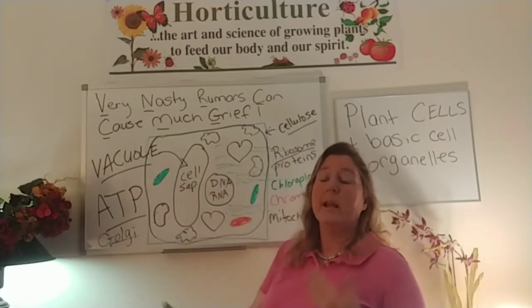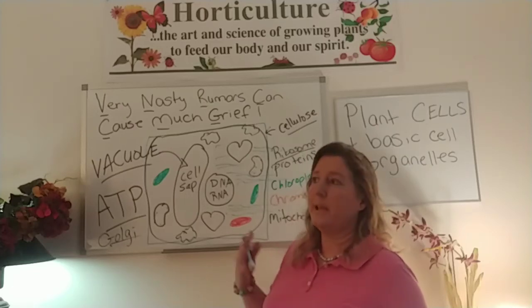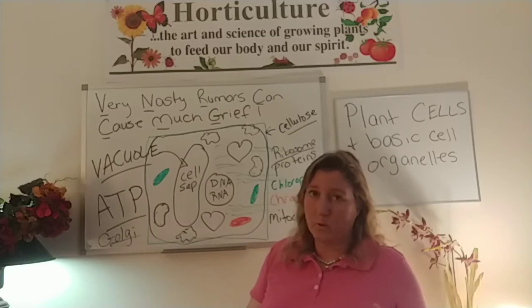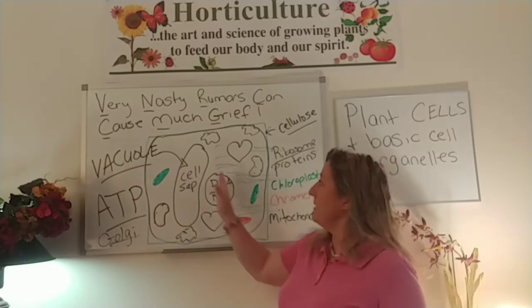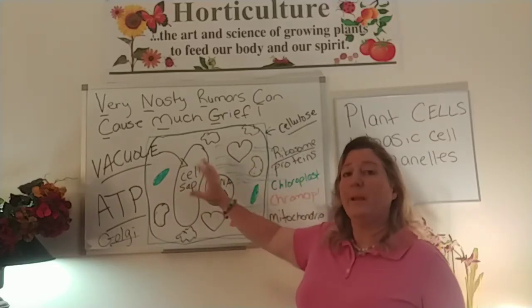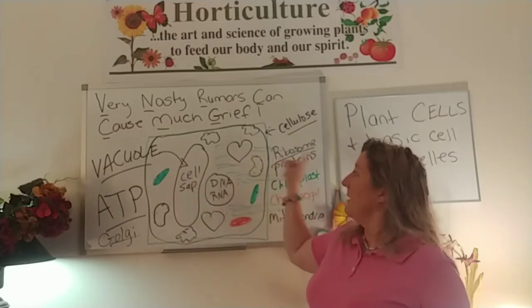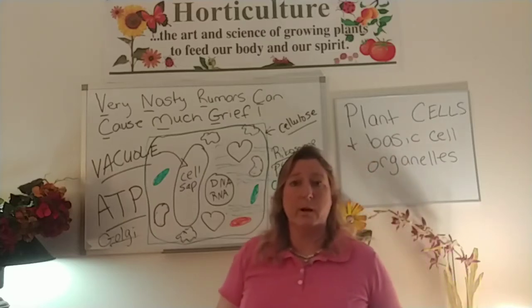So it can carry these hormone messages that say, hey, we need to get ready to do something. And we will touch on plant hormones later. But just know that the cytoplasm is the liquid goo that fills the cell, and it communicates cell to cell.